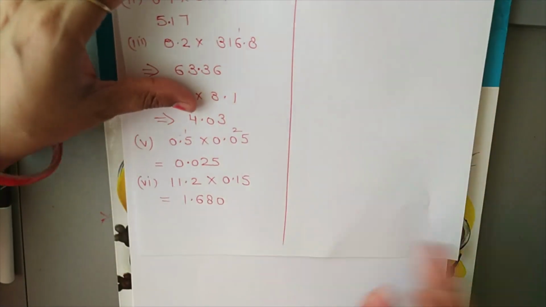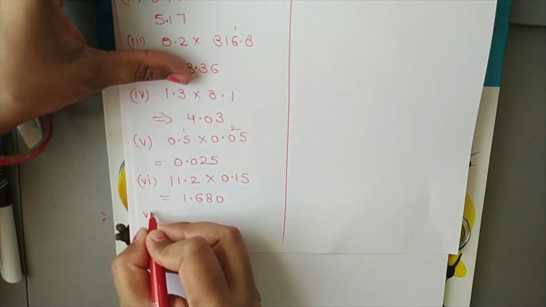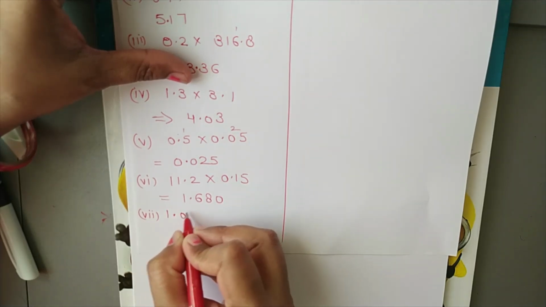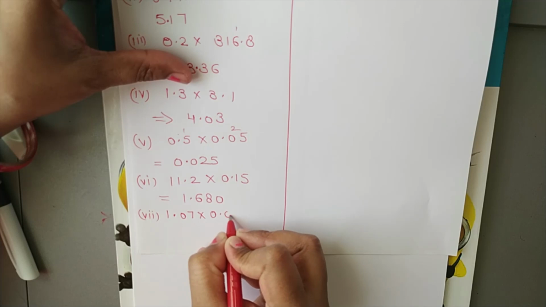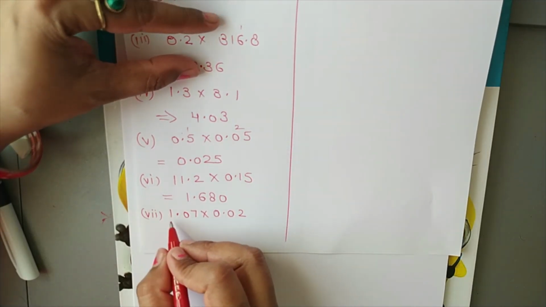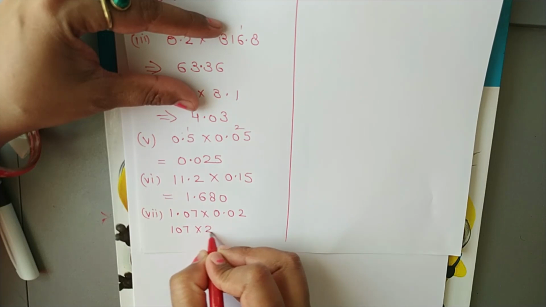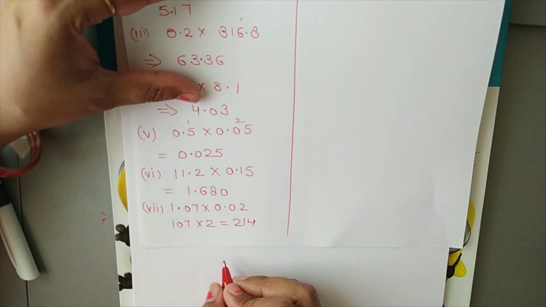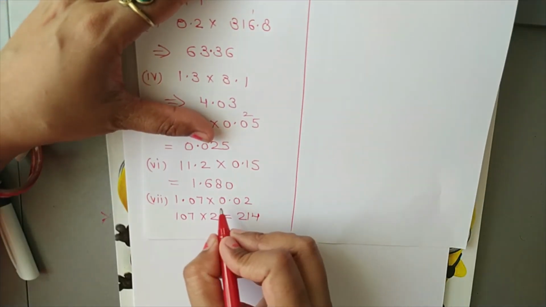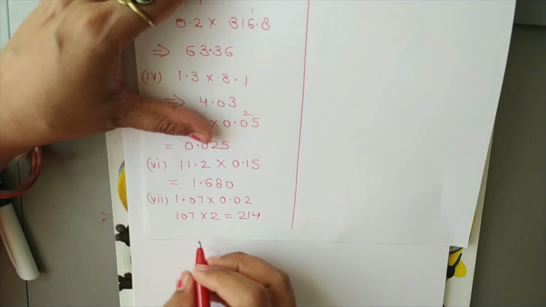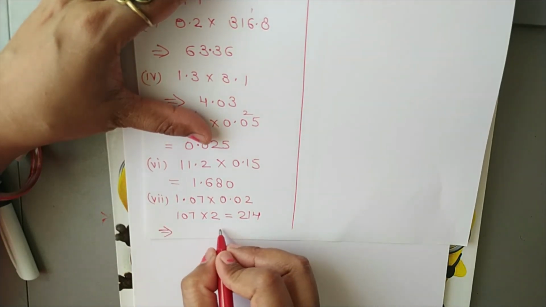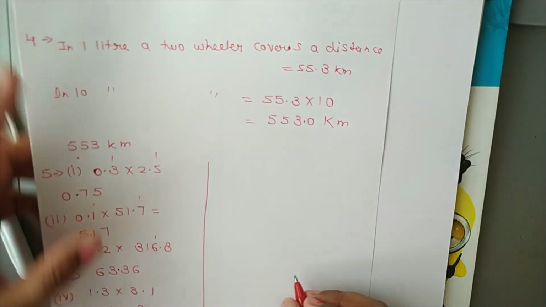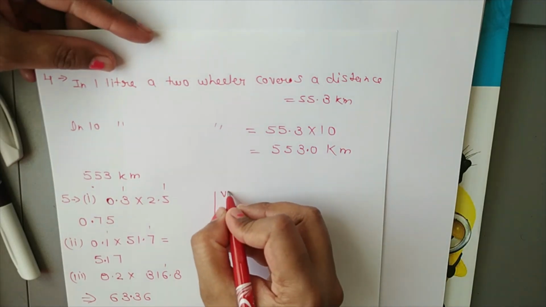Then seventh is 1.07 into 0.02. So 107 is multiplied by 2, so it will be 214. Now we have to place the decimal after 4 digits, so it can be written as 0.0214.